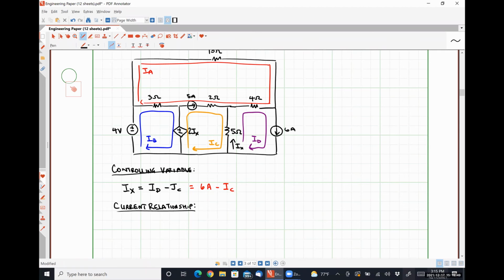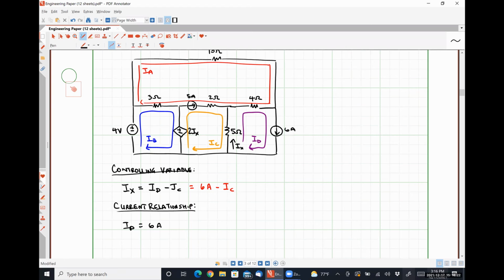Seems fairly obvious, but we could say that ID is equal to 6 amps is one of those equations, right? As ID flows around its clockwise path, it is flowing in the exact same direction as the 6 amp source. So it must be 6 amps. If the 6 amp source were directed up, ID would be negative 6 amps, right?